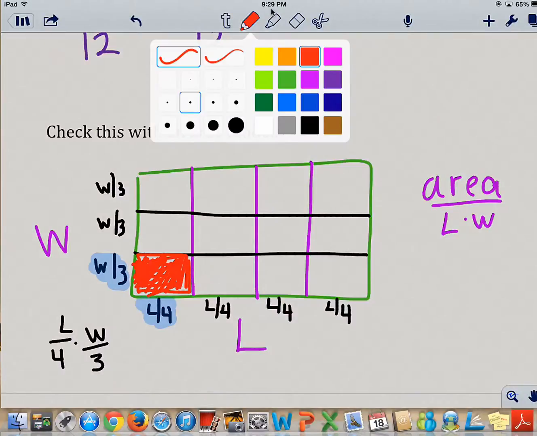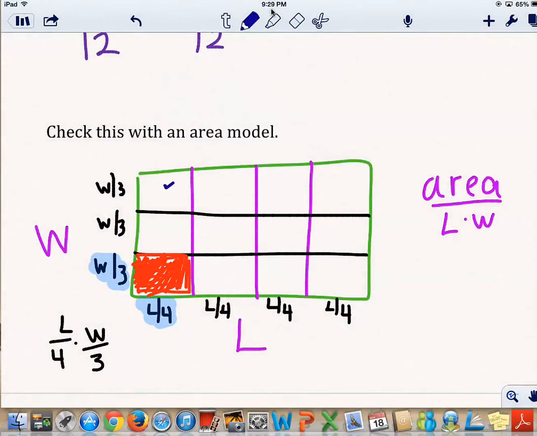If we count up all of the boxes, 1, 2, 3, 4, 5, 6, 7, 8, 9, 10, 11, 12. We broke up this entire rectangle into 12ths, and this shaded region of our multiplication represents 1/12 of LW, the entire rectangle. So it's one visual representation that'll help you sort of conceptualize multiplying by fractions.